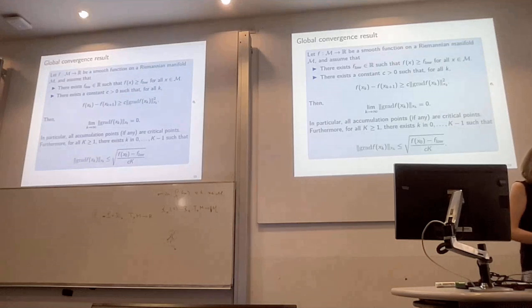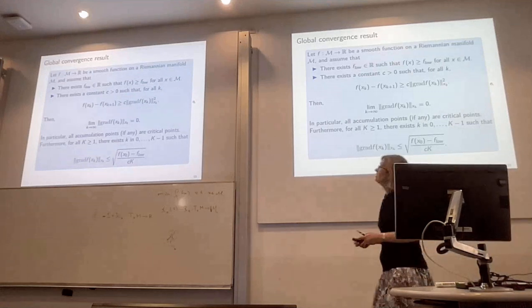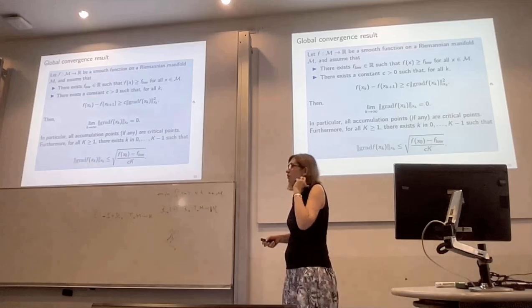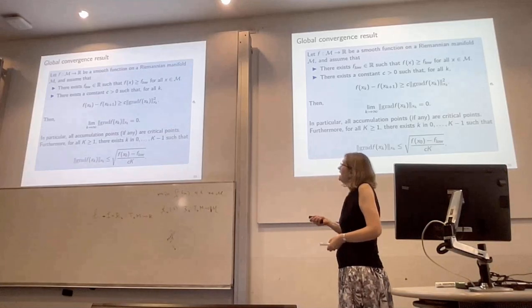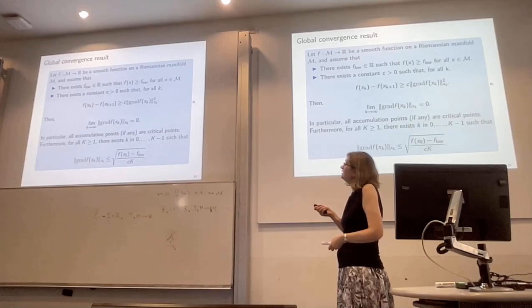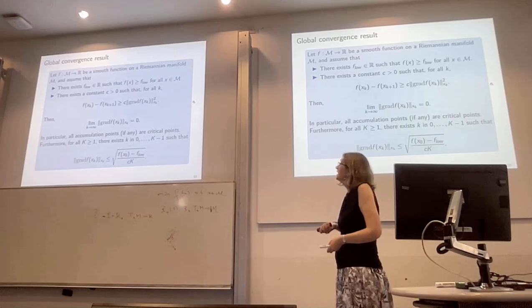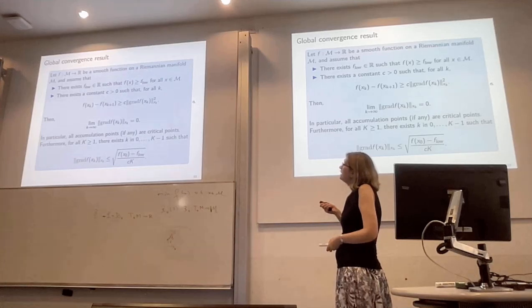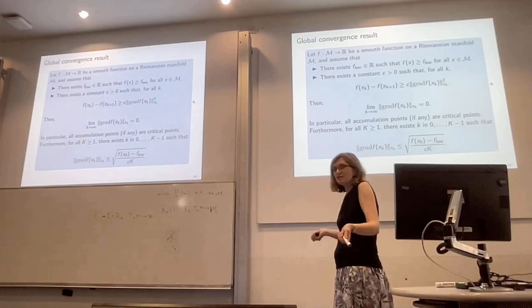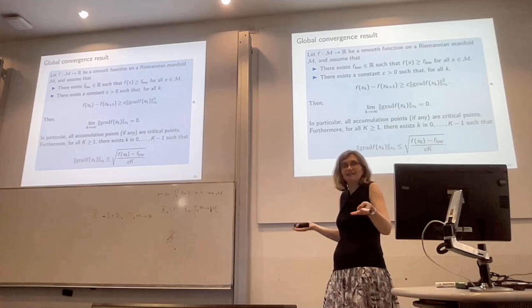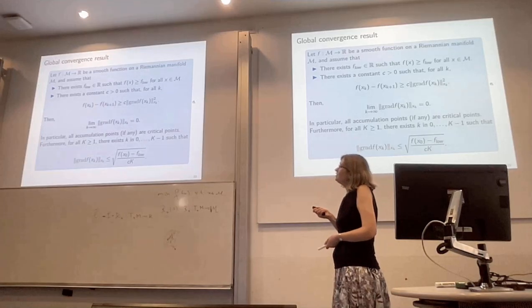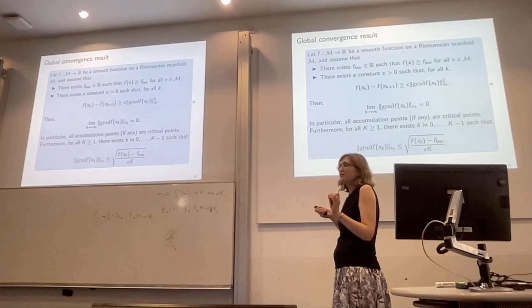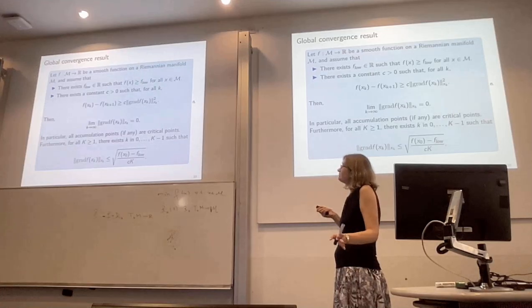Okay. So let us try to give a global convergence result for Riemannian gradient descent. So I have a function f on the manifold, and it's bounded below on the manifold, because if it goes to minus infinity, there is nothing to prove for convergence. I apply Riemannian gradient descent, and my iterates xk are generated from that.